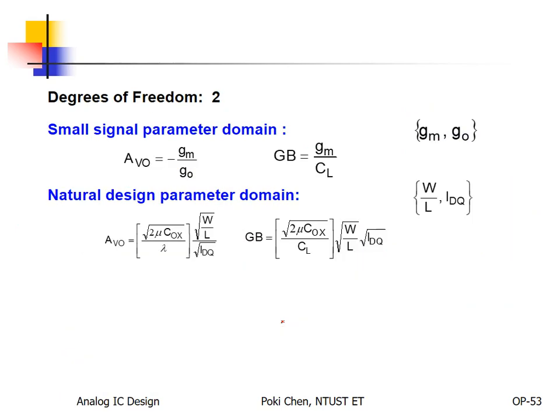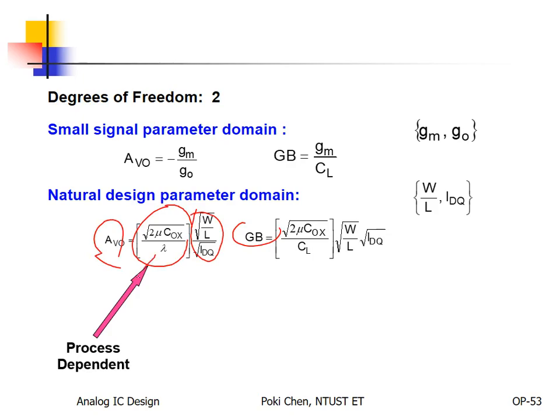All right. But before we go further, Professor Geiger would like to do you another favor: to separate this and that into two terms. The first term is process dependent. It means it is decided by TSMC or UMC, not you.